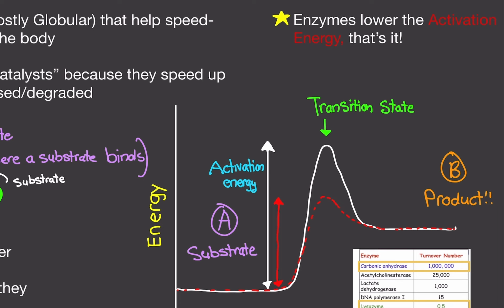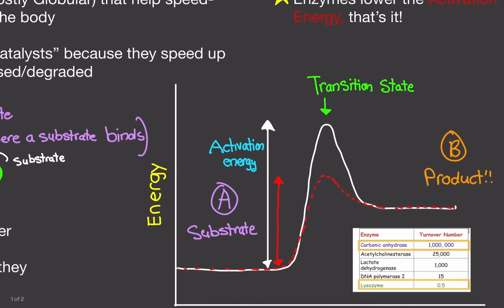We're reducing that activation energy. This is the red dotted line now. Notice we went from originally here to now here, so we cut the activation energy almost in half. So it's easier for us to get to the product side, so we can make more product. That's literally how enzymes work.